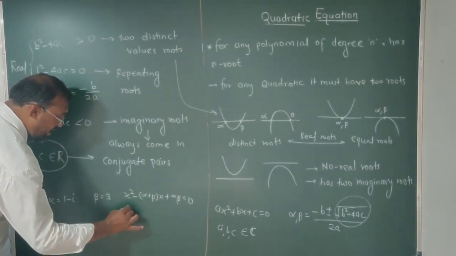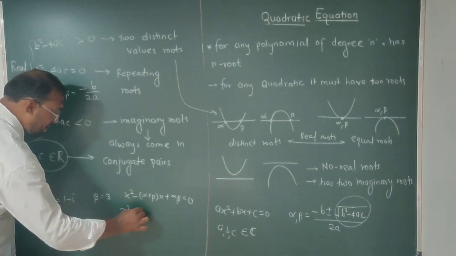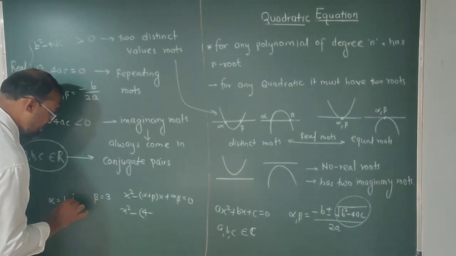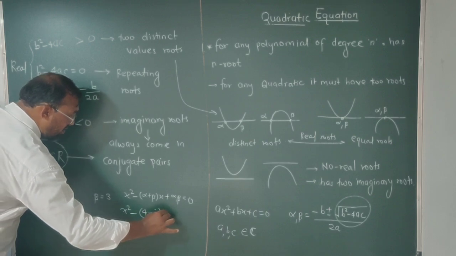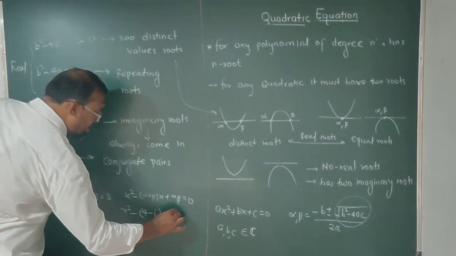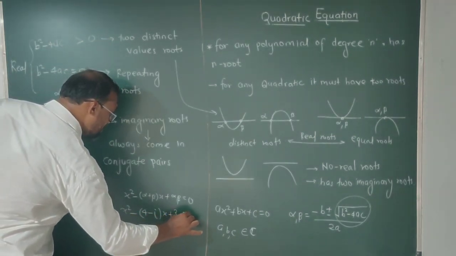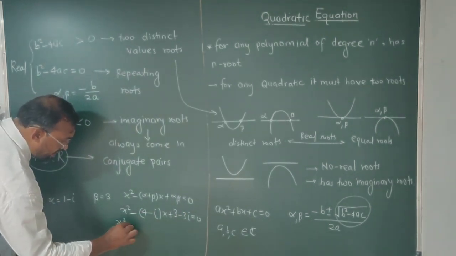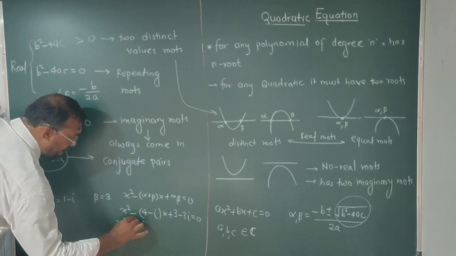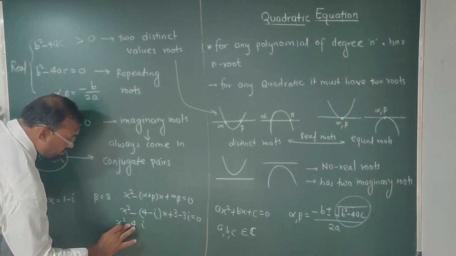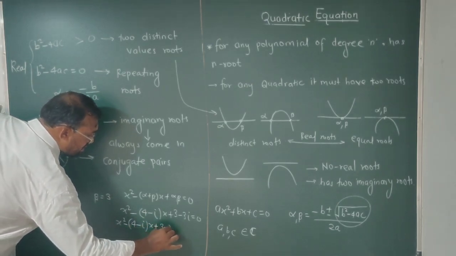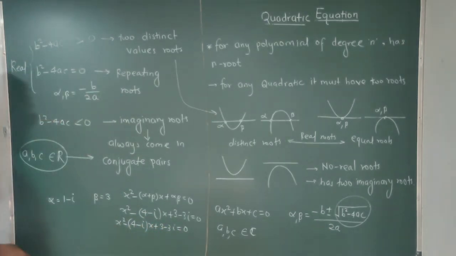So let's make the equation: x² − (α + β)x, where 1 + 3 is 4 minus i, into x, plus the product, which is 3 − 3i, equal to 0. This is the quadratic equation. Now let's take out the b² − 4ac value.